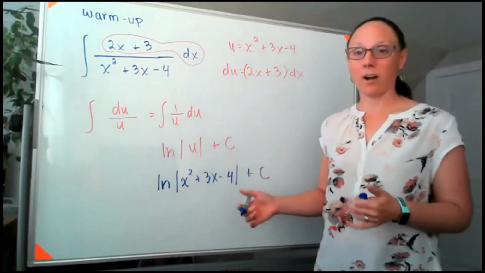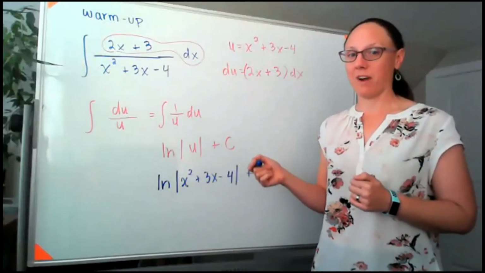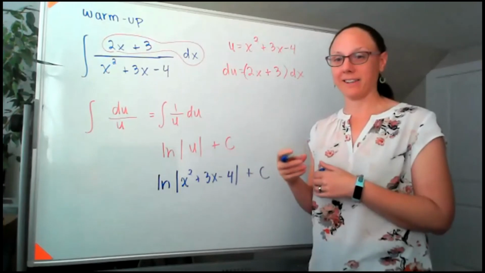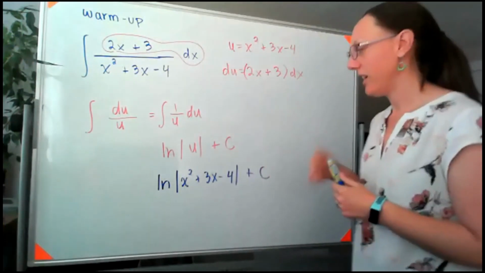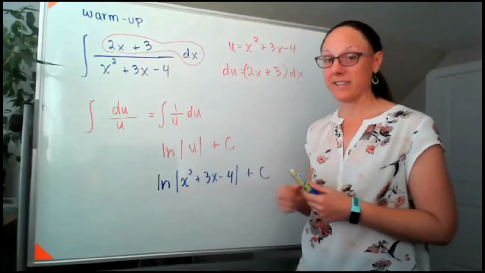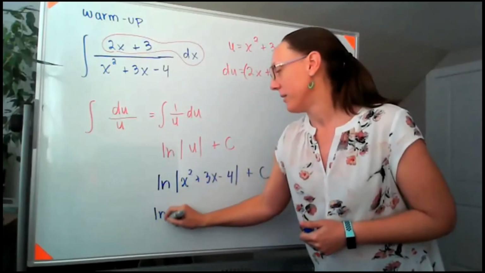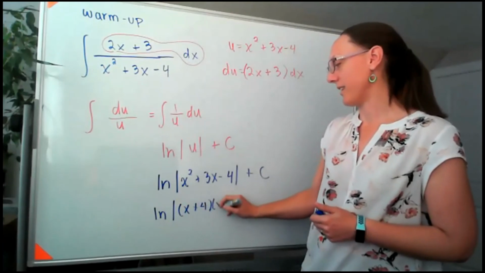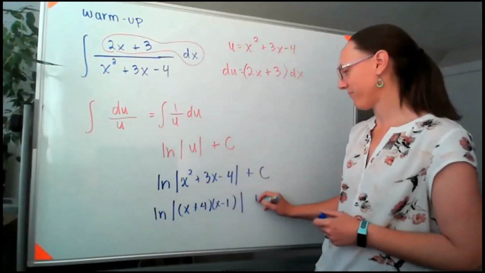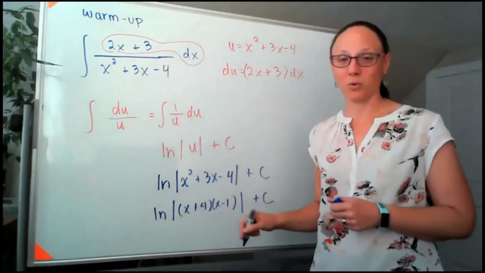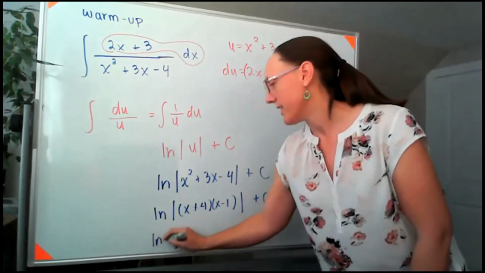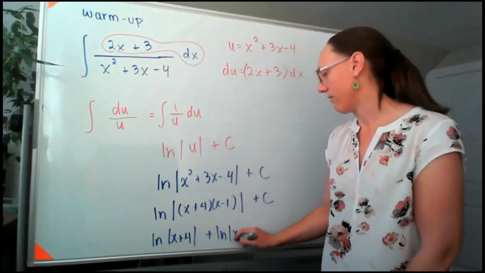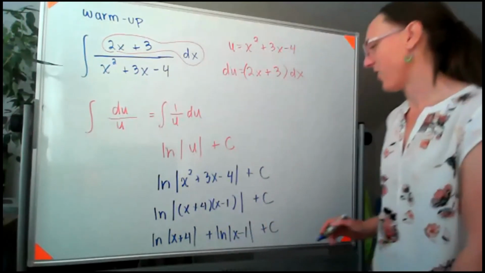constant. Or if you took the time to do partial fractions, then to make your answer look like my answer, there's one little thing we have to do. And that is, if I factor what's inside of that log to look like x plus 4 times x minus 1, then using log rules, this can break apart to be ln of x plus 4 plus ln of x minus 1 plus a constant.